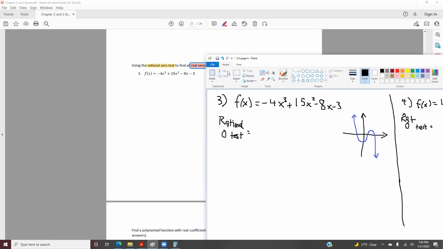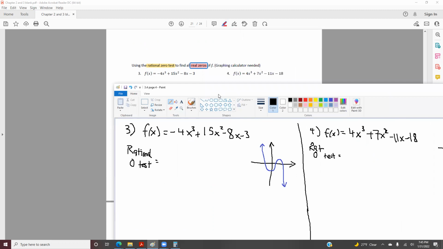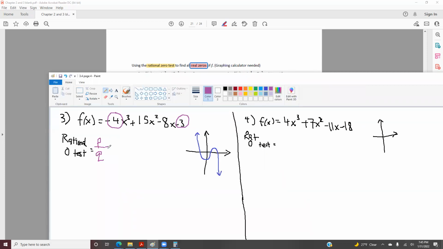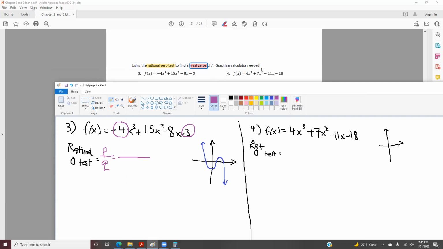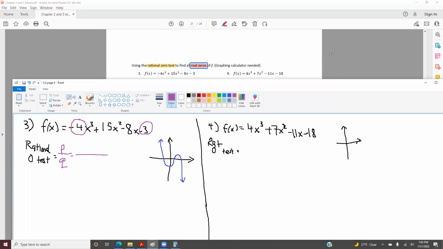So first things first, you have to use the rational zero test in this case. So again, these are the questions they're asking us. And again, our P and Qs are based on your constant term and your leading coefficient. So what is the constant term for P in this case? What are the factors for that?